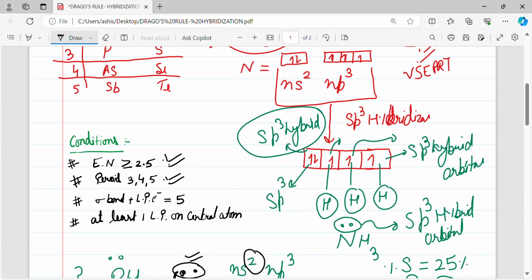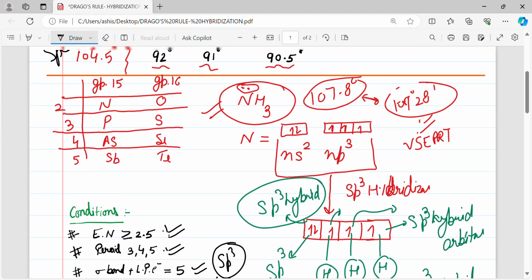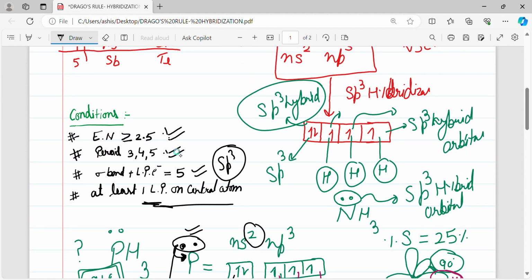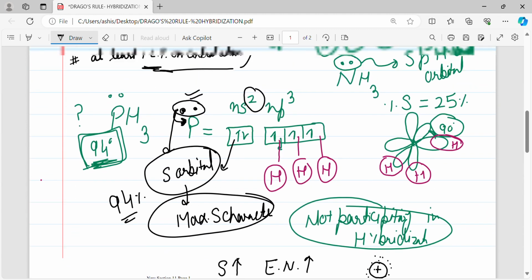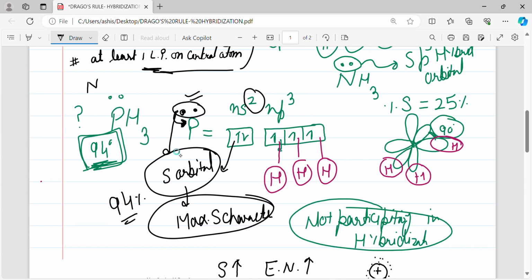But all the hydrides below NH3 and H2O, belonging to third, fourth, fifth onward periods, on these we can apply Drago's rule. Next, the sum of sigma bonds plus lone pairs should be 4, means sp3 hybridization, and at least one lone pair should be present on the central atom.